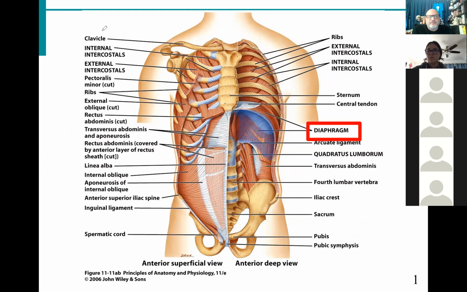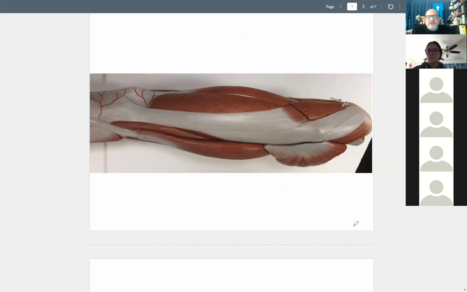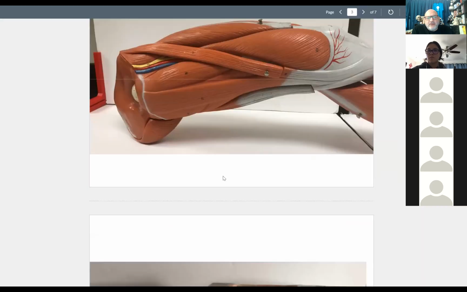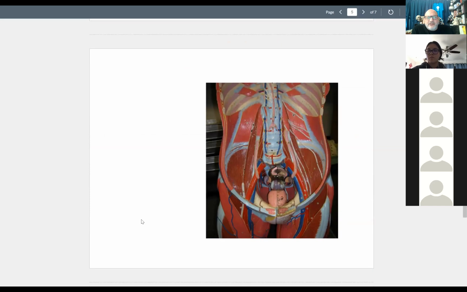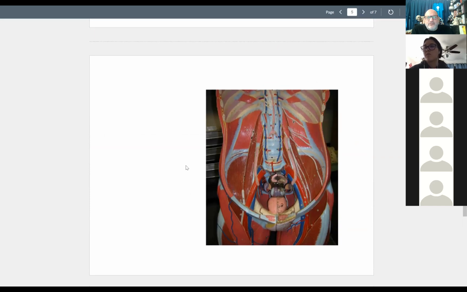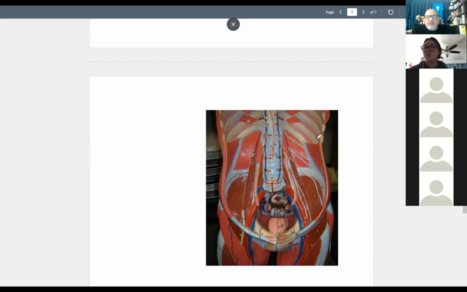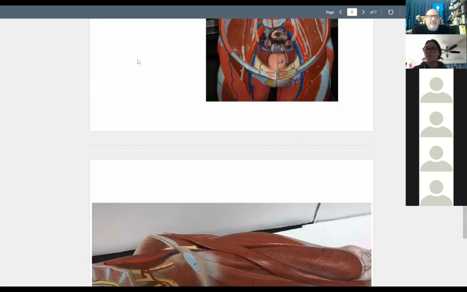And in fact, if you look at the pictures we have in the module, we can see inside of the torso, and this portion right here is where the diaphragm would connect. There is a chest plate, and on that chest plate you can see the beginning of the diaphragm. We can't see the muscle, but we can see the indentation where the diaphragm would sit inside of this torso model.